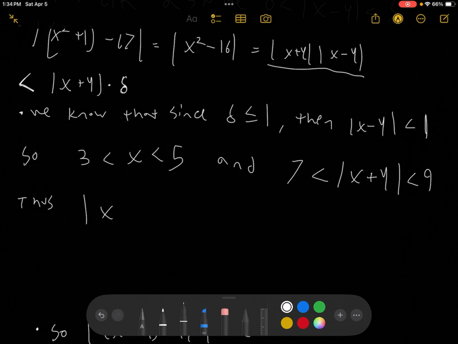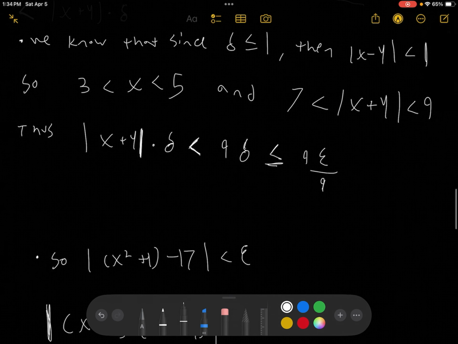Thus, |x + 4| times delta is less than 9 times delta, which is less than or equal to 9 times epsilon over 9 by our choice of delta, which equals epsilon.